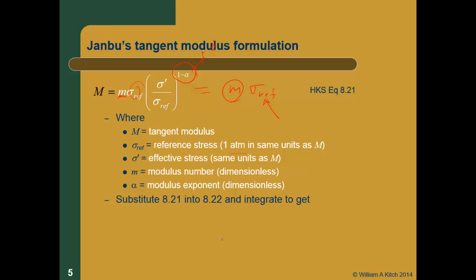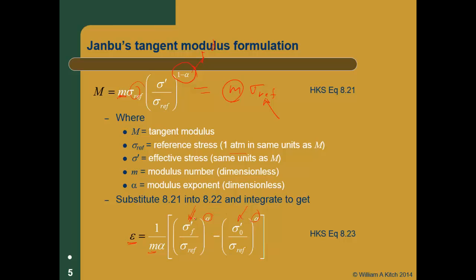All right. And this equation and this derivation is in your textbook. So if you substitute this equation back into the integral to get the strain, and then you solve the indefinite integrals, you get a very, very simple formula for the strain now as a function of the modulus number, the modulus exponent, and then just your starting stress and your ending stress.